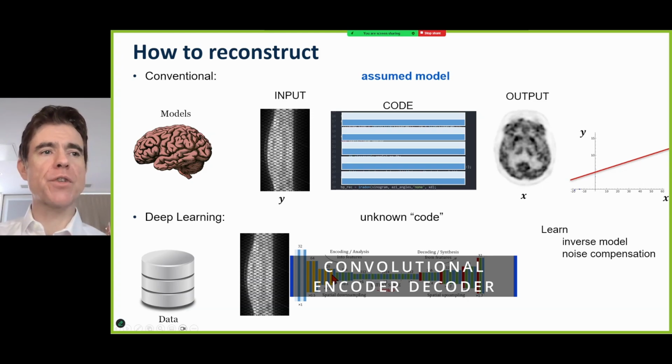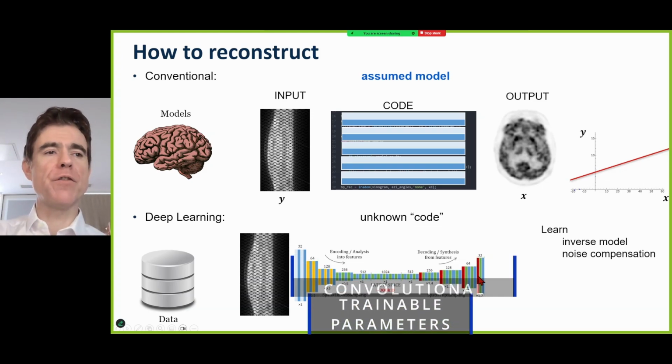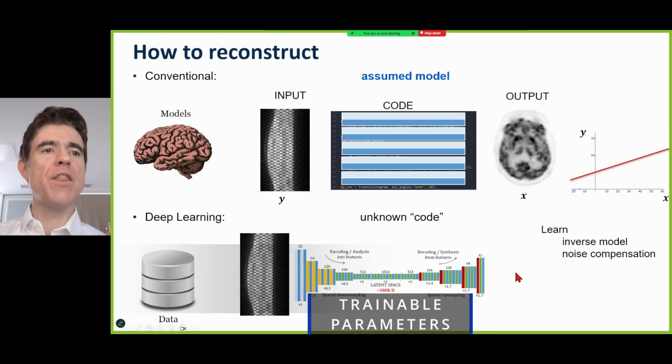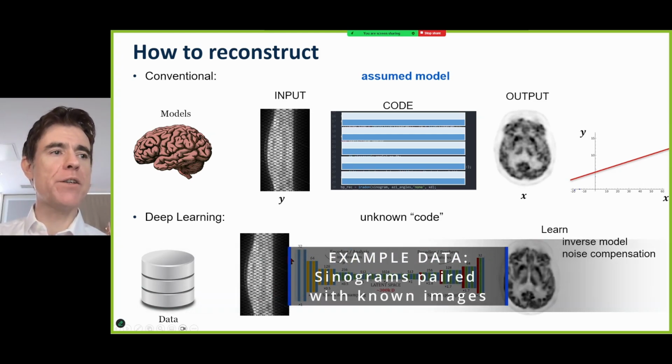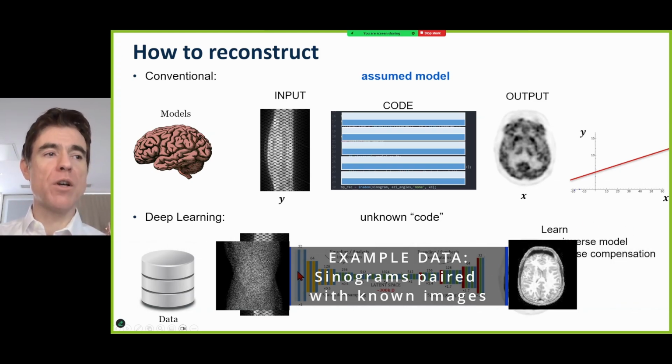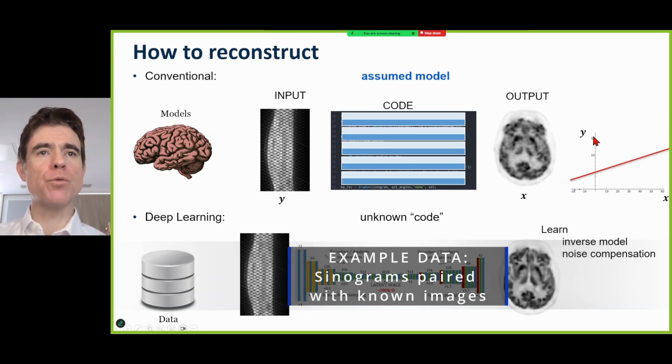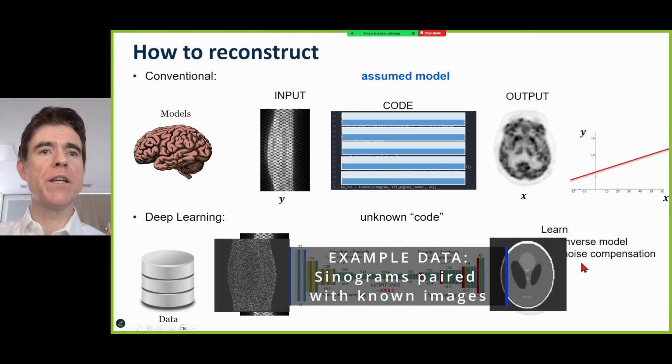So you can view this as a series of programming steps with trainable parameters, if you like, kind of a blank slate of coding steps where we train up what those programming steps need to be. And then we can learn by use of example data, because what we often do in supervised learning is use pairs of sinograms, a sinogram paired with an image, and then we can learn what is that inverse model, what is that mapping to get from Y to X.